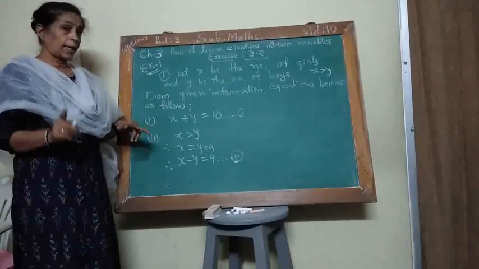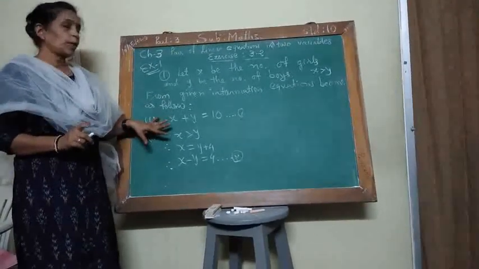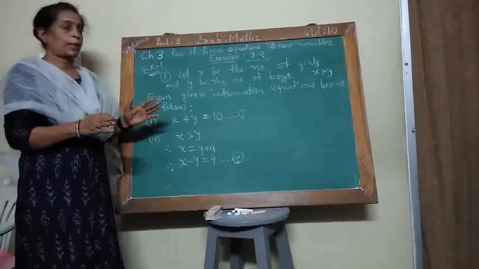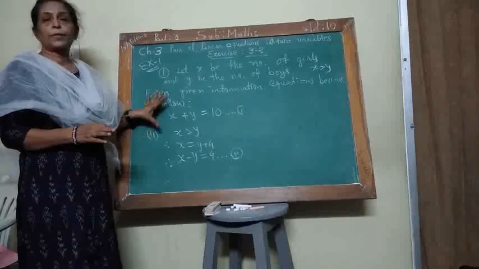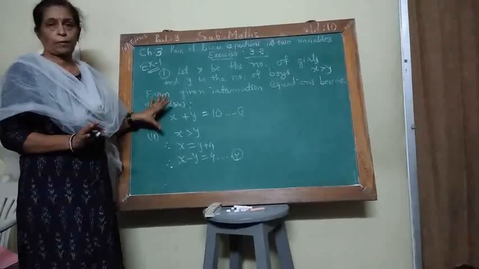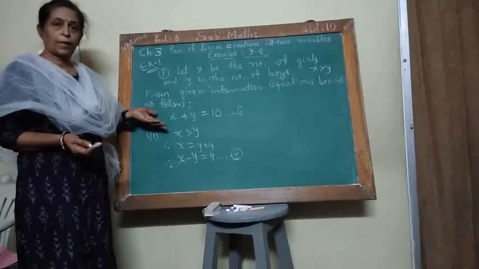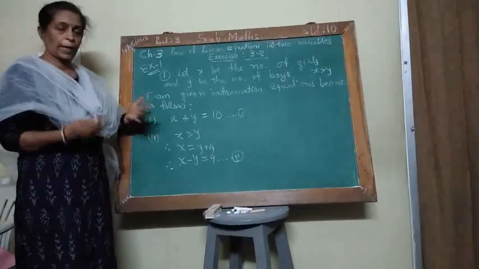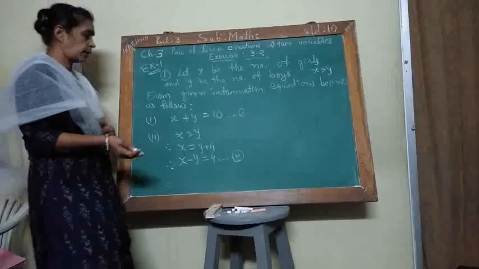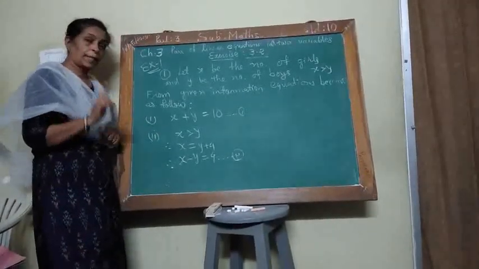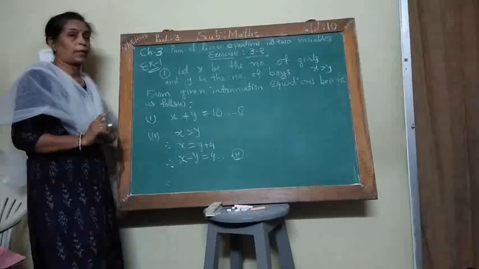And I repeat, if you get a unique solution or infinite solutions, then this pair is known as consistent. And if you get parallel lines, then that system is known as inconsistent.